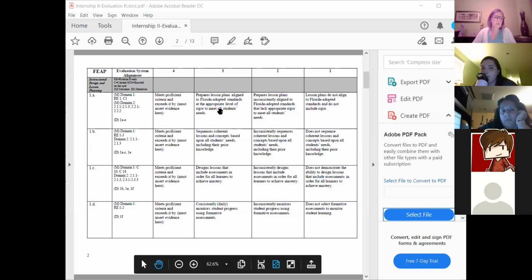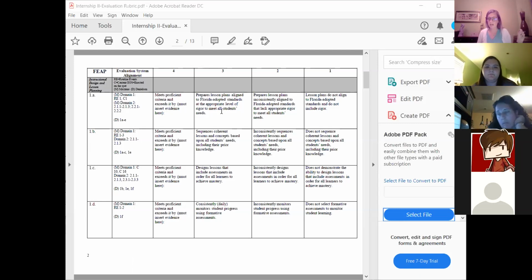For example, number 1, prepares lesson plans aligned to Florida adopted standards. That's exactly what the first box on the observation form says. This just gives a little more information about what would be a 3, what would be a 2, and if your standards don't match the lesson at all, that would be a 1.